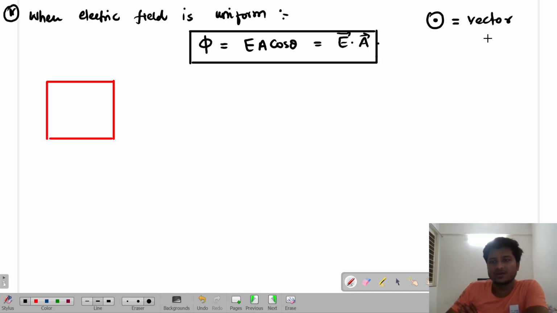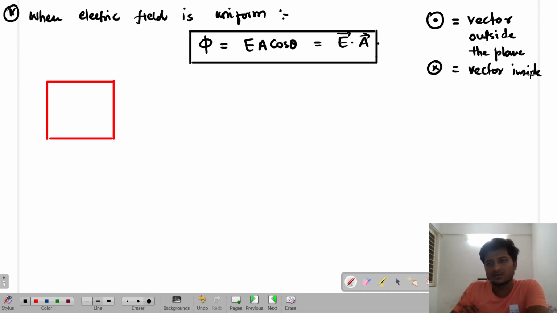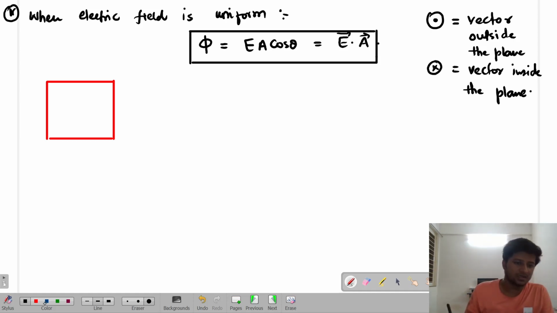Remember, it is vector outside the plane. And cross means vector goes inside the plane. So this is the sign convention we use in our whole physics. So here, if I want to draw the area vector according to normal convention, it is a dot, means area is coming outside. Are you able to get me or not?